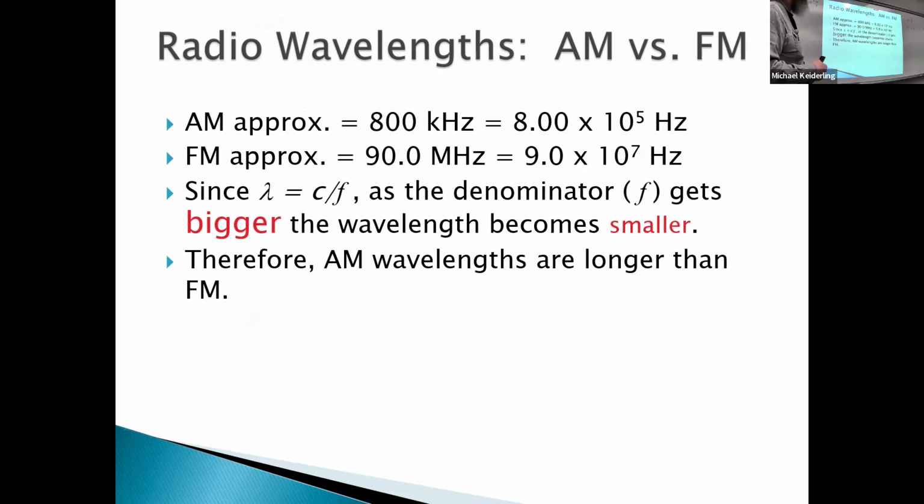Radio wavelengths for AM and FM differ because the frequencies differ. AM is in the hundreds of kilohertz range.